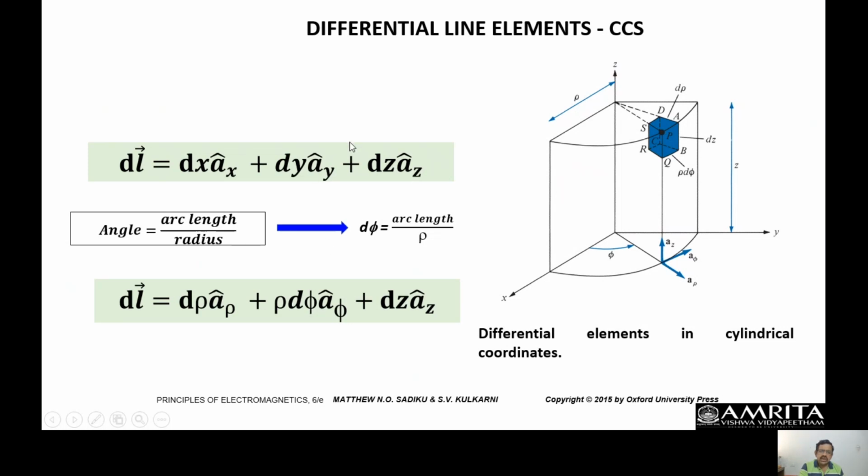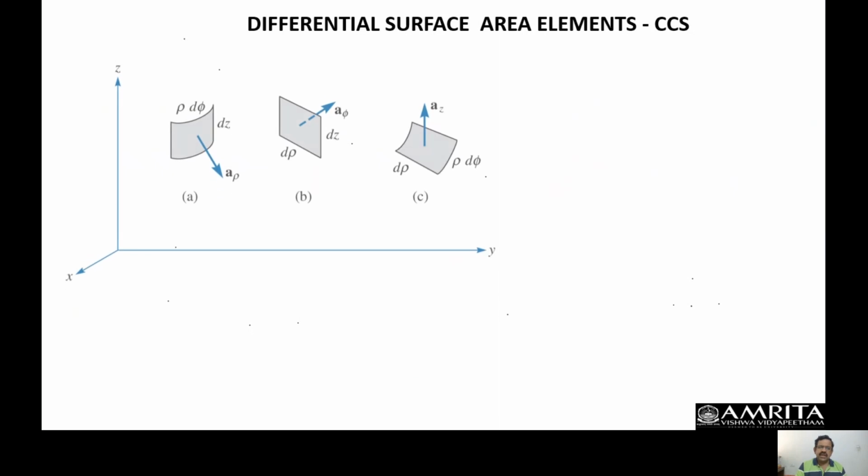Showing this relationship, what I want you to realize is that whenever we take an infinitesimal line element movement, we can imagine that to be linear. Because angle equals arc by radius, you can use this formula. Okay.